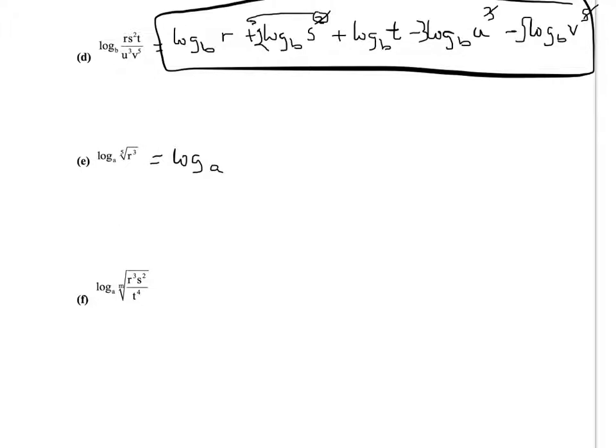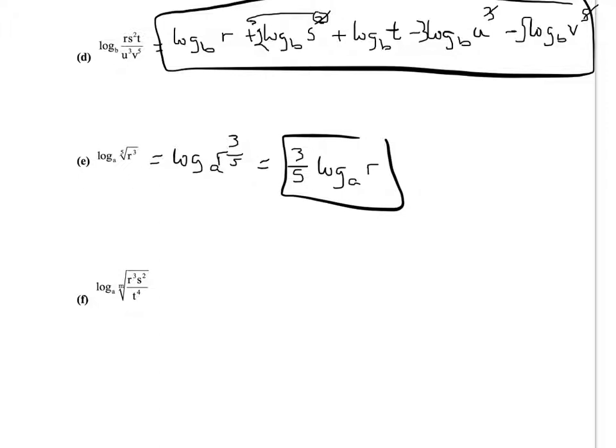So I could actually go straight to a fractional exponent with this if I understand that 5 has to be in the denominator because it's the root, and then I see an exponent of 3 on the r, that goes to the numerator. This is log base a of r raised to the 3/5 power. Now I can use that power rule, and when I pull down that fraction exponent, I get 3/5 log base a of r.